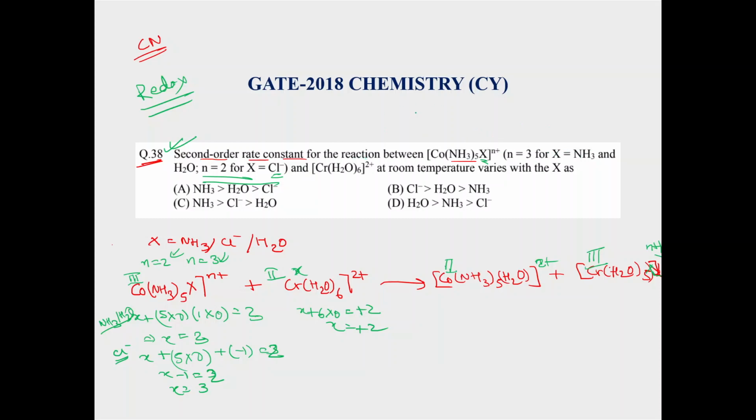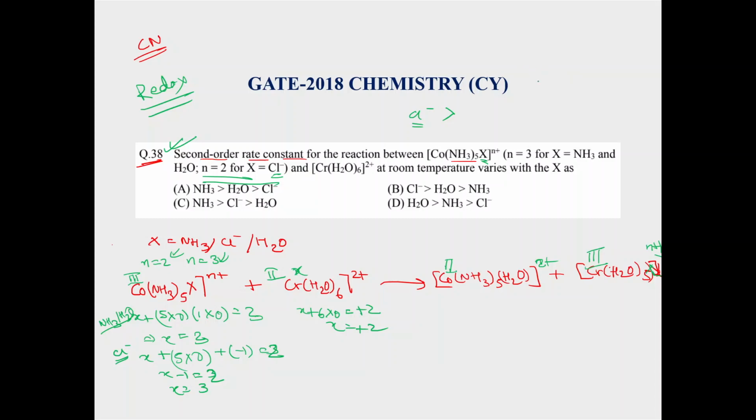So for the Cl minus case, the reaction will be fastest. When Cl minus is X, by the inner sphere mechanism, the bridging ligand transfers the electron from one complex to the other metal complex, and it is fast. But for H2O and NH3, it is not the case. They are not bridging ligands.